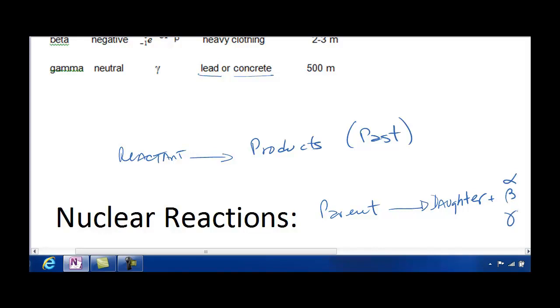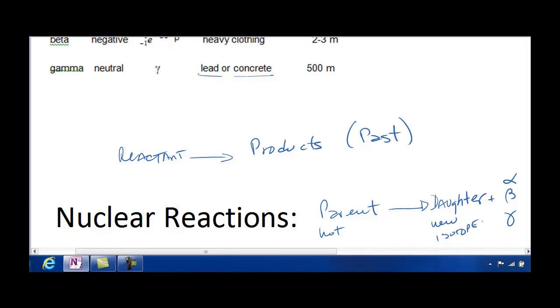Before the arrow is a parent, the hot radioactive isotope, and after it emits alpha or beta or gamma or a combination of these, a new isotope is formed, and that new isotope is called a daughter.